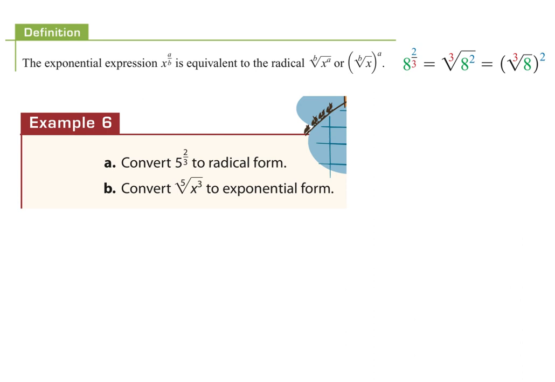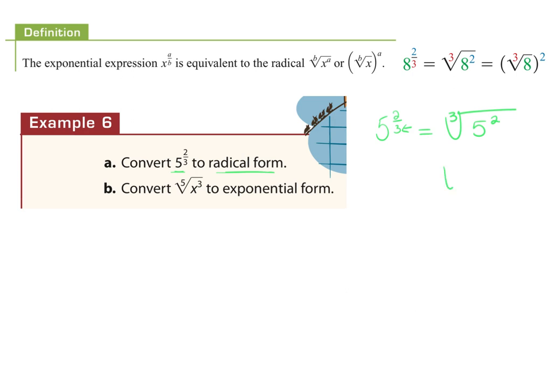All right? It says convert 5 to the 2/3 to radical form. So they gave it to us in exponent form. They want it in radical form. So if I want to change this to radical form, I'm going to do a radical. This denominator is my index. On the inside, I'm going to have 5 squared.